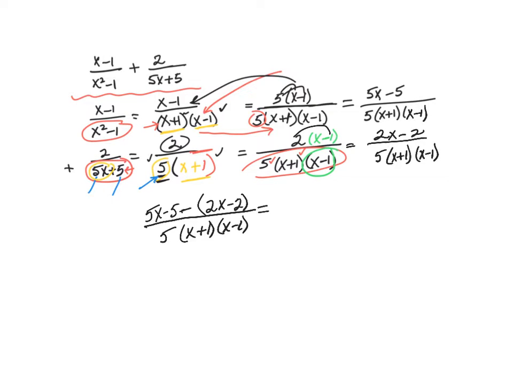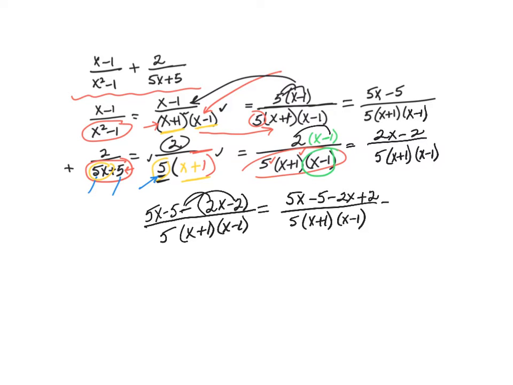That will give me 5x minus 5. Notice this negative sign is going to affect that 2x. The negative sign is going to affect our negative 2. It will become a positive 2. And all of this is over 5 times x plus 1, x minus 1.